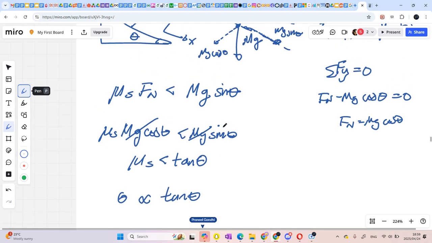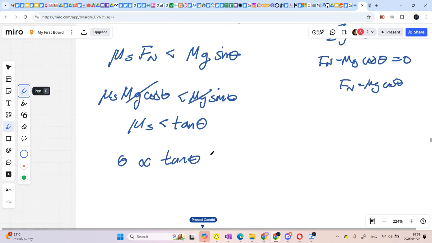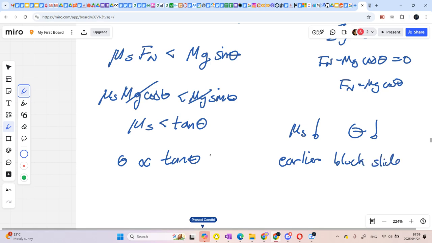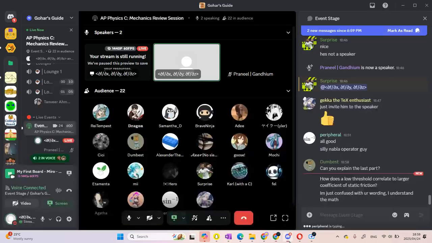So the block that will start sliding down first will be the one that has the lower theta threshold. What this means is that the lower mu s is, the lower theta will be, and the earlier the block will slide down. This inequality right here is basically telling us the minimum value for theta for which gravity will begin overcoming friction and causing the block to slide downwards.